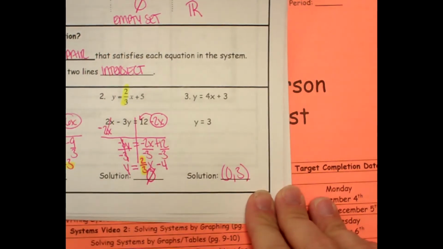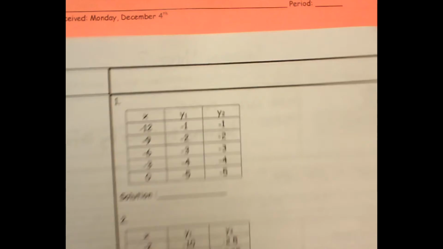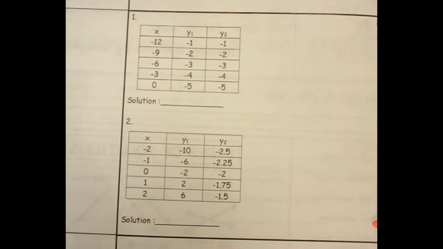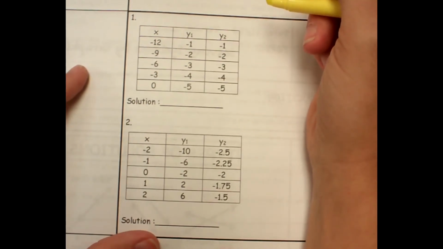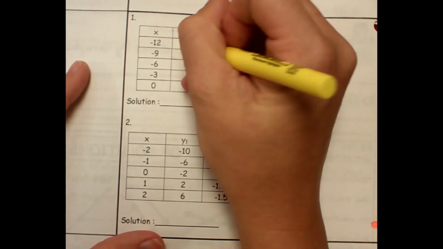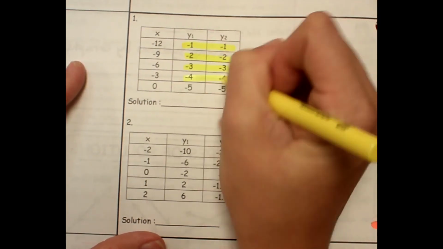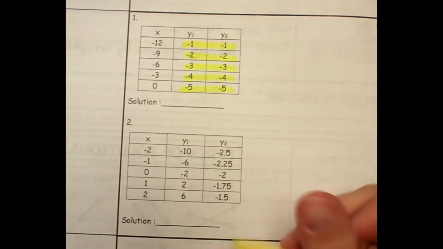So let's turn to the back, because speaking of tables, they actually make it a little easier. You want to see, where do your y's match up? Well, if you look, here they match, here they match, here they match. Well, it looks like, do we have 0 solutions? Do we have 1 solution? Or do we have an infinite amount?